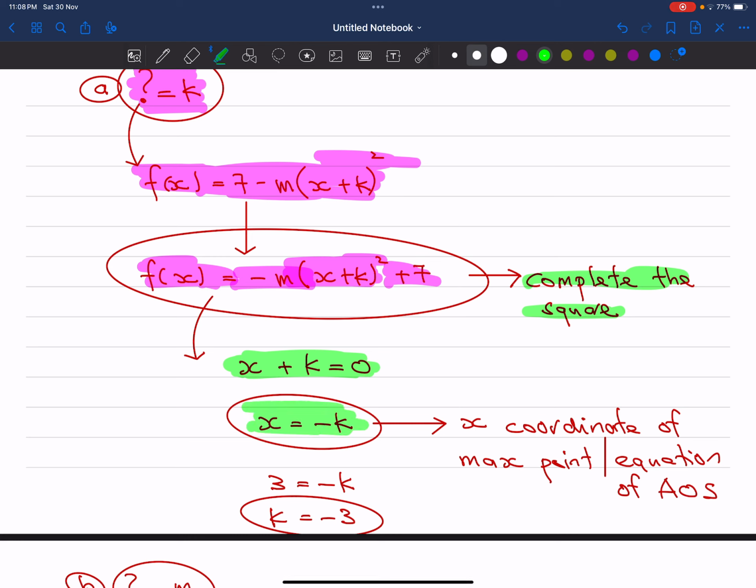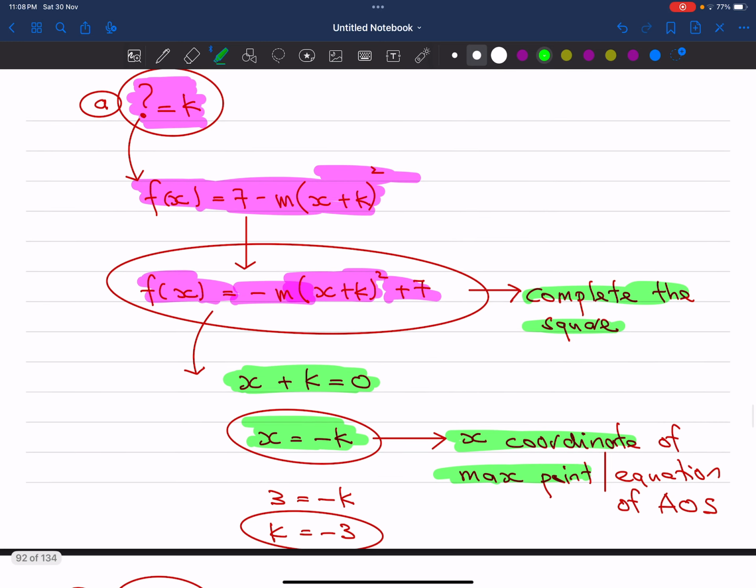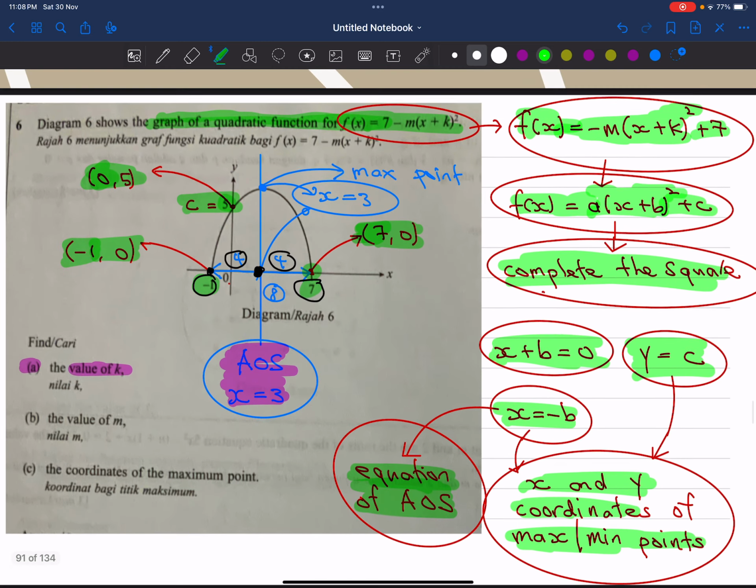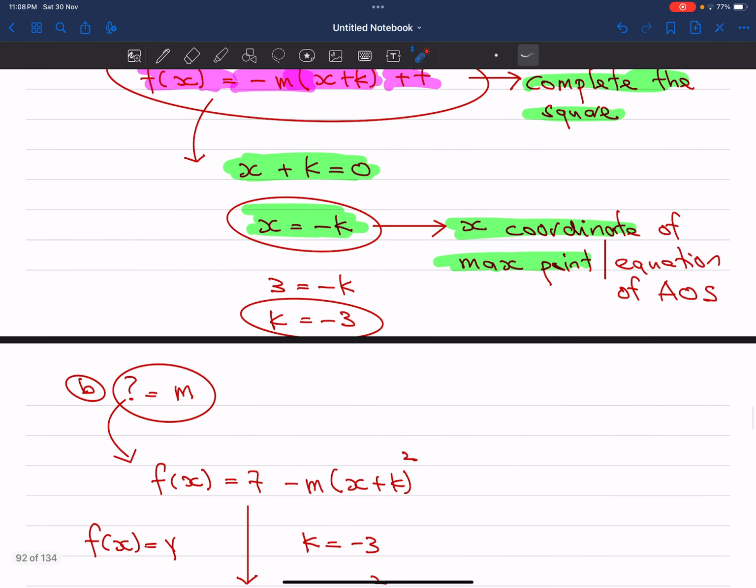And remember, this is the x coordinate of the maximum point. Going back to the diagram, we already got the x coordinate 3. So 3 is negative k, therefore k is negative 3. I multiply by negative on both sides.